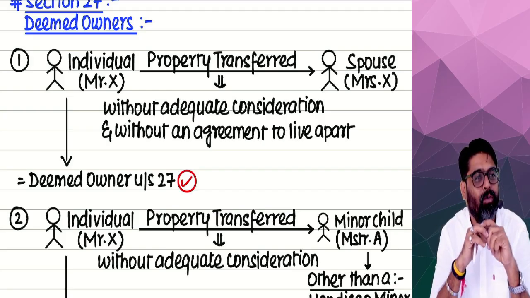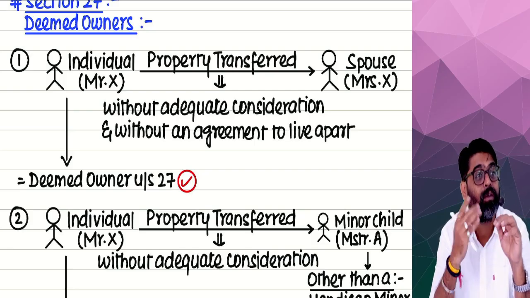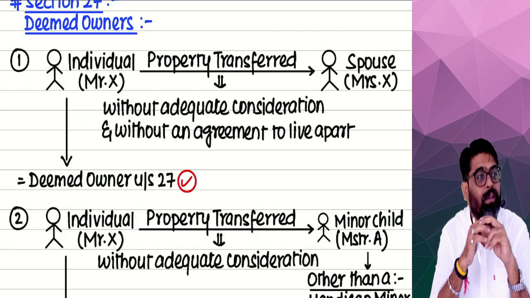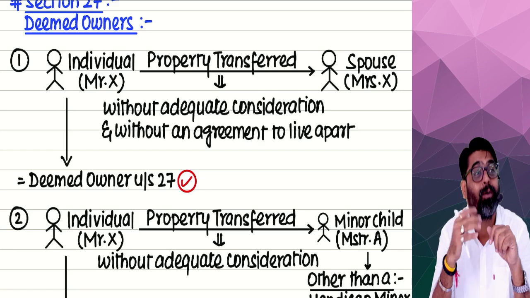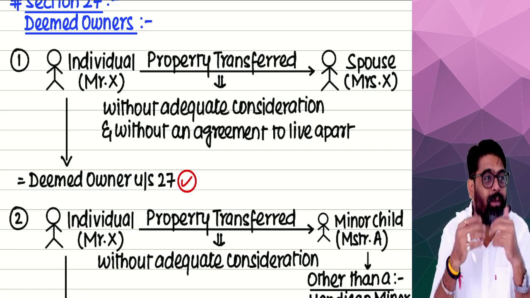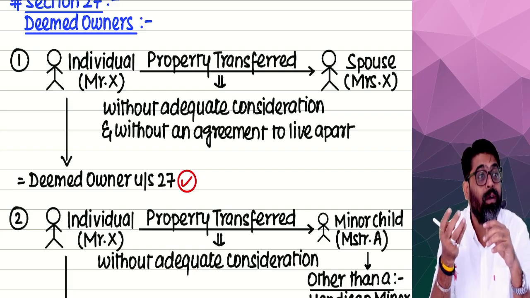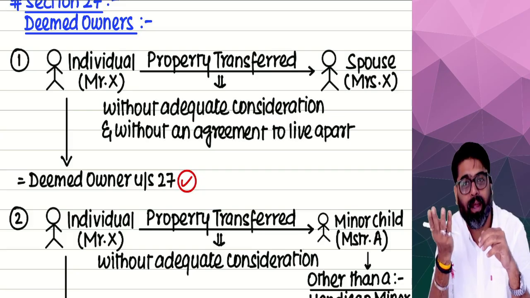Balance 2,50,000 only 5%. Tax is 12,500. And see, your wife is a resident individual. Total income 5 lakh rupees or less, she will get the rebate. Entire tax which you have calculated will go for rebate.